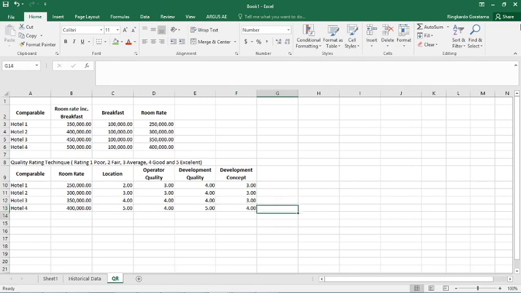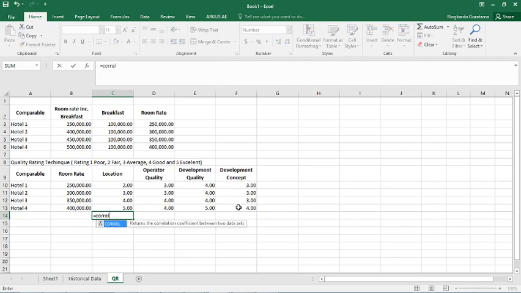So we want to know the correlation between the price with the location. We want to know the correlation between the room rate price with the operator quality, the room rate price with the development quality, and also with the development concept. So we can use the correlation formula from Excel for correlation, this one, and also this one.